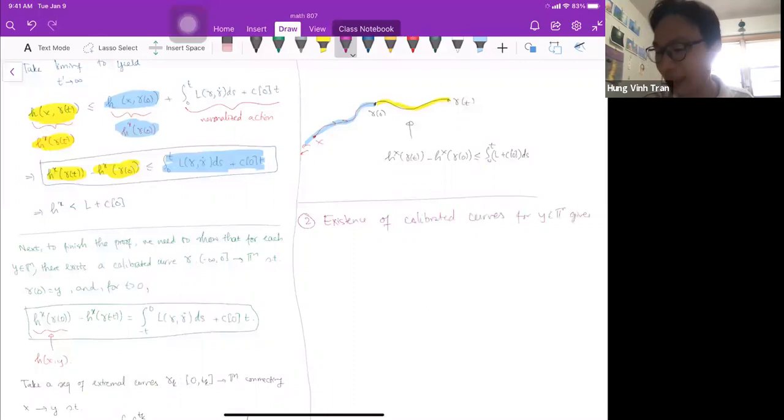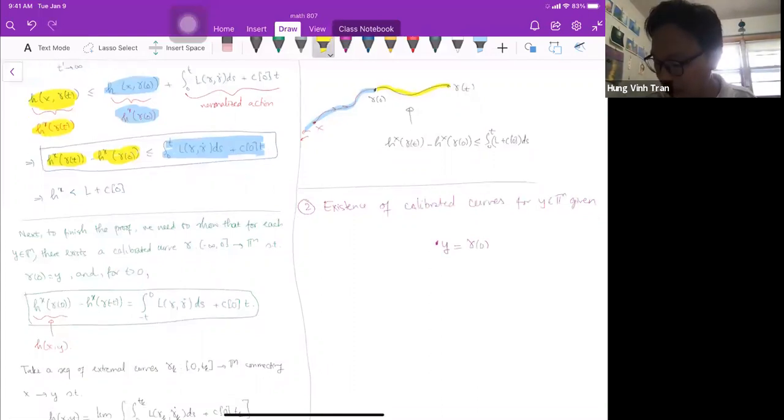Any given point y, you start with y, and then we need to find a calibrated curve so that along the calibrated curve, or backward characteristics, you always have that the difference of the peer barriers is the normalized action. Okay, right. How do we do this?